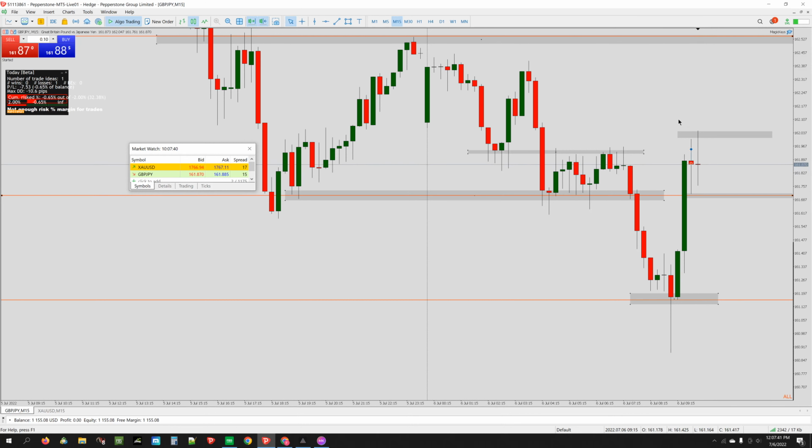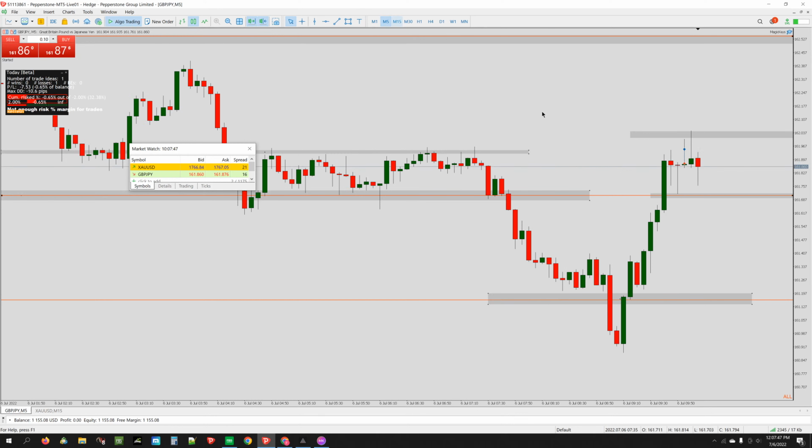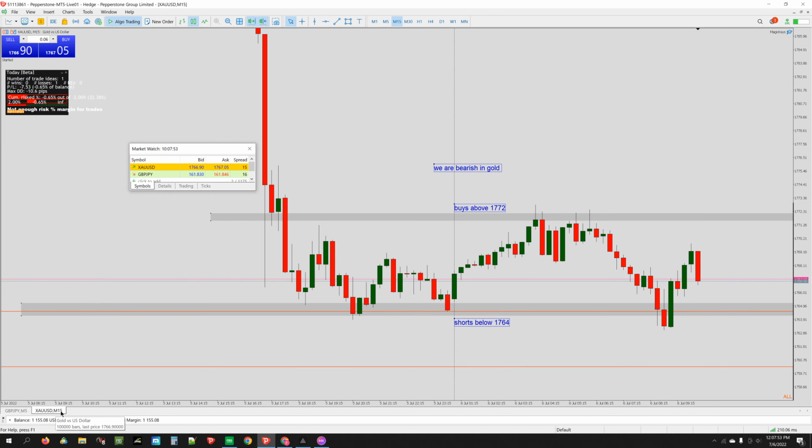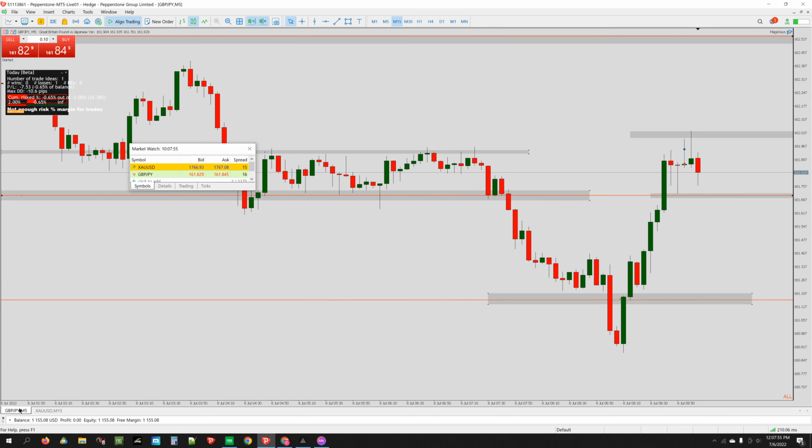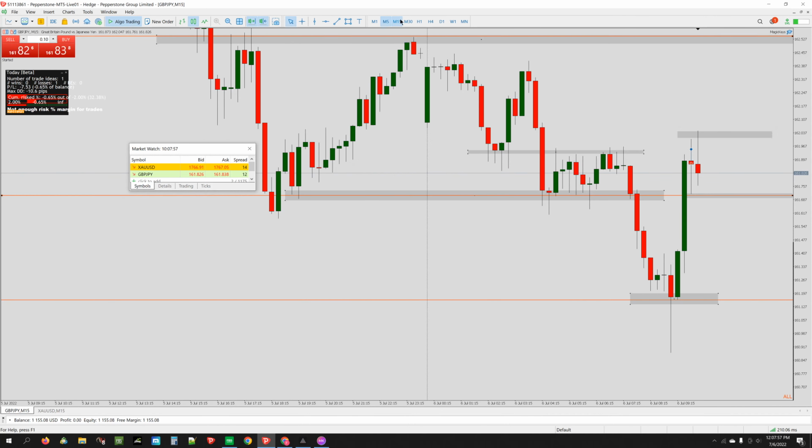So this is what I will do day in and day out. Although I have hit a stop loss, that's okay for me. And I will again execute on pattern 1 if that appears.